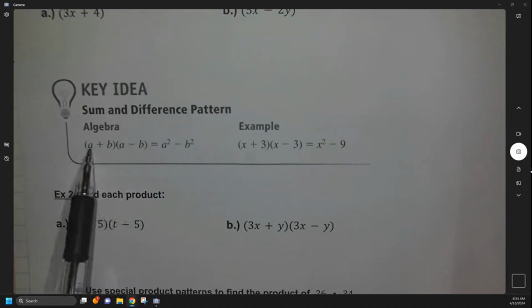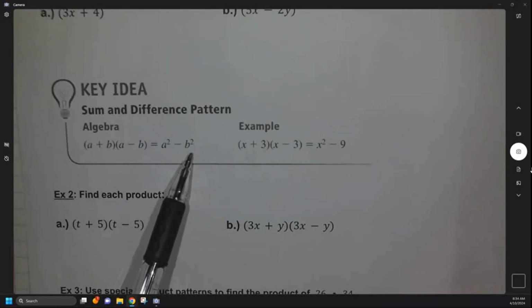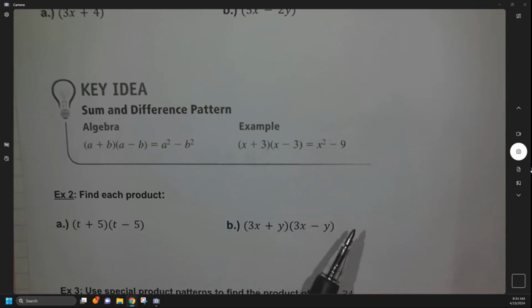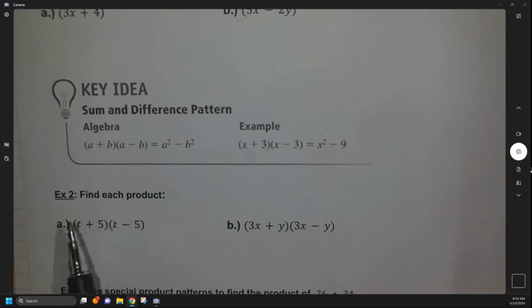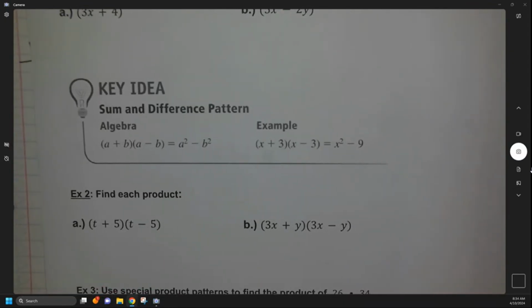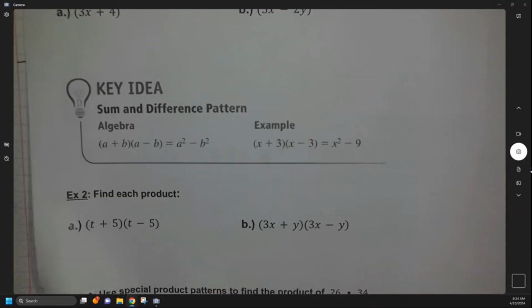So when I multiply these two things together, I'm going to get a squared minus b squared. And then this shows it just with numbers and variables versus only just variables. So let's take a look at letter A first, and we'll see kind of what that pattern looks like, and then we'll use that to help us solve B a little bit quicker.